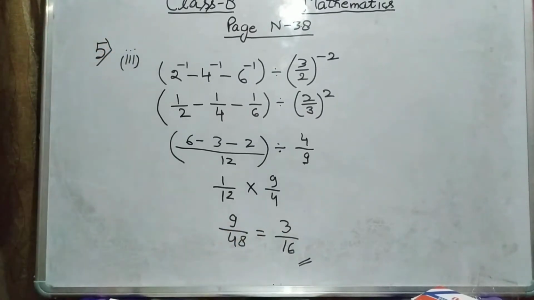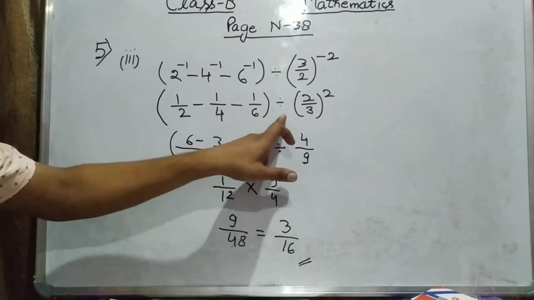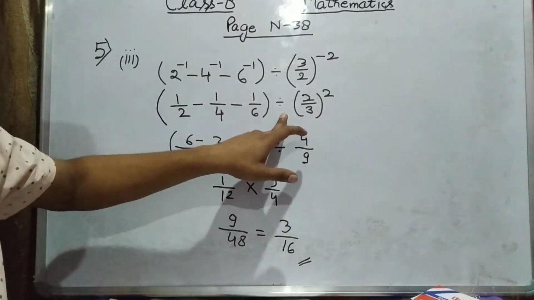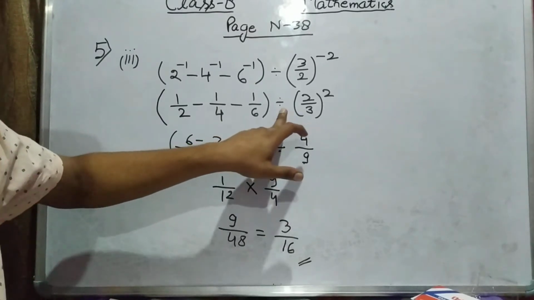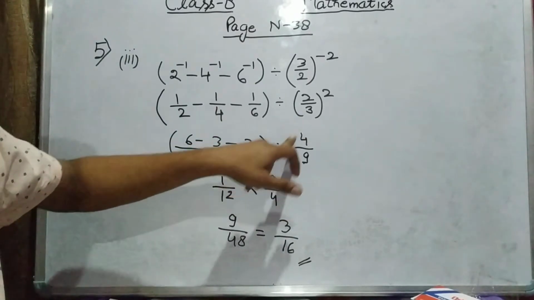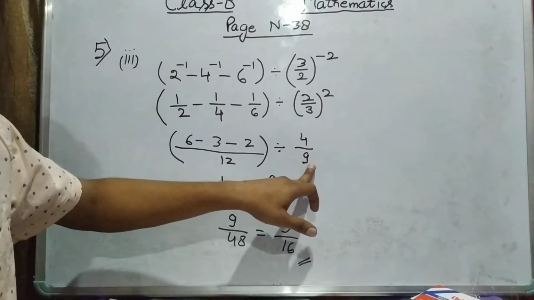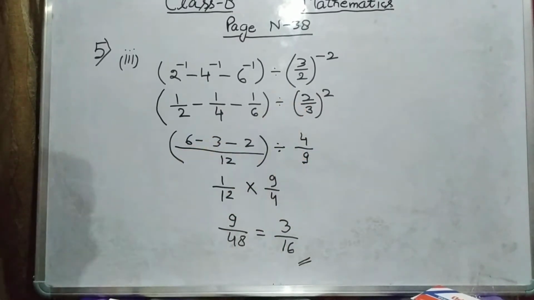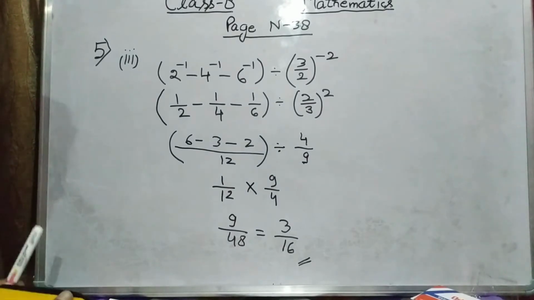This is the correct answer. Such mistakes often happen when we take two steps at one time. Two steps means we convert the divide into multiplication and forget to take the reciprocal. Students generally make such mistakes while solving exam questions.